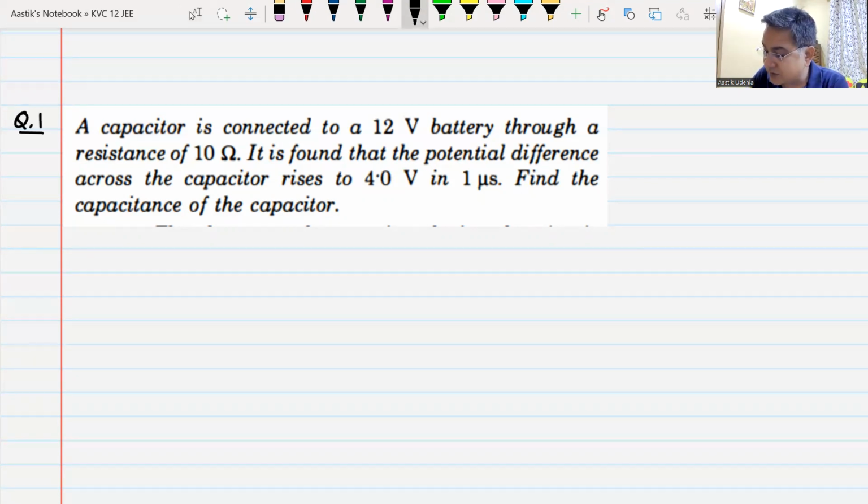Question number 1: a capacitor is connected to a 12-volt battery through a resistance of 10 ohms. It is found that the potential difference across the capacitor rises to 4 volt in 1 microsecond. So 1 microsecond becomes 1/3, and maybe in 5 or 6 or 10 microseconds it will become maximum.